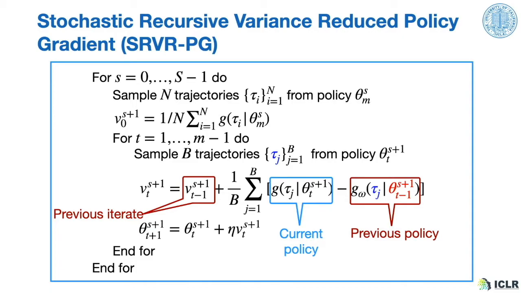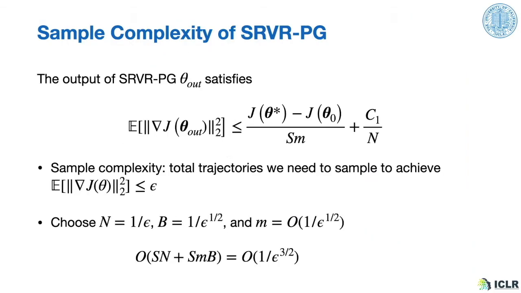In the inner loop, we sample B trajectories and construct the semi-stochastic gradient estimator Vk, and here we renumber the index as V t(s+1), where B is a very small batch size compared to N. This significantly reduces the total sample complexity. Then we use our recursively defined gradient estimator V t(s+1) to update the policy parameter theta.